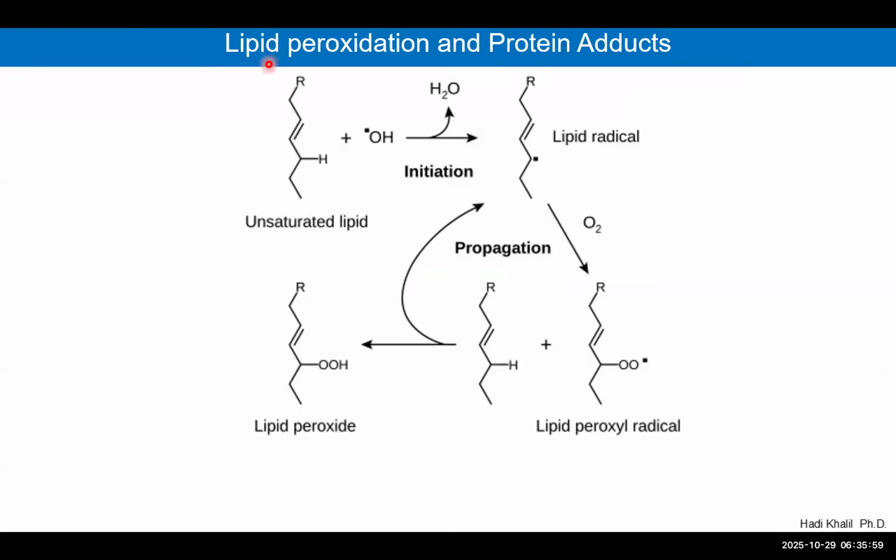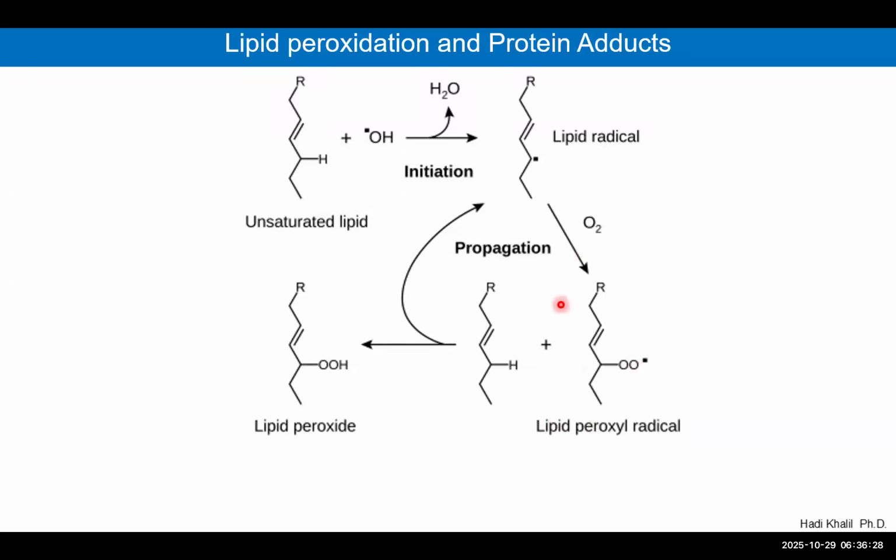And you see the driver is the hydroxyl radical, which is a reactive oxygen species that has been upregulated, so the levels are very high. And then we have oxygen, which is available. So as much as we have reactive oxygen species and oxygen, then the first step of initiation will cause this to happen to a lipid peroxide radical.